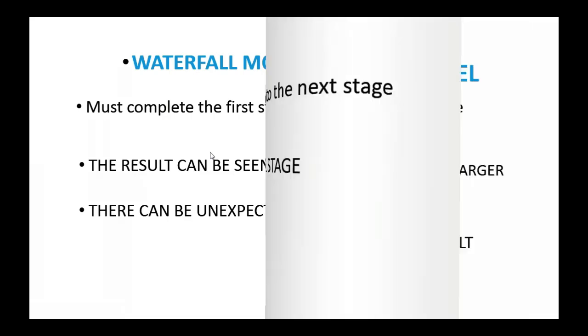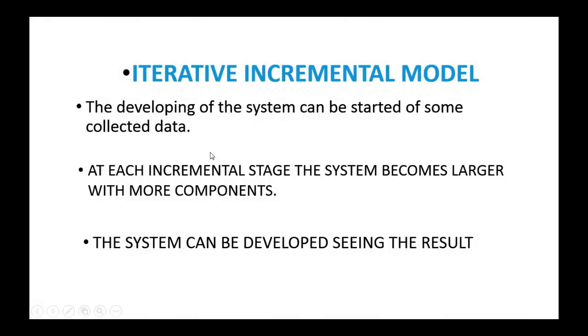But the iterative incremental model is not like that. We can develop the system while seeing results. That means in this model we do not need complete information to develop the system. With a little portion of information we can start to develop the system.